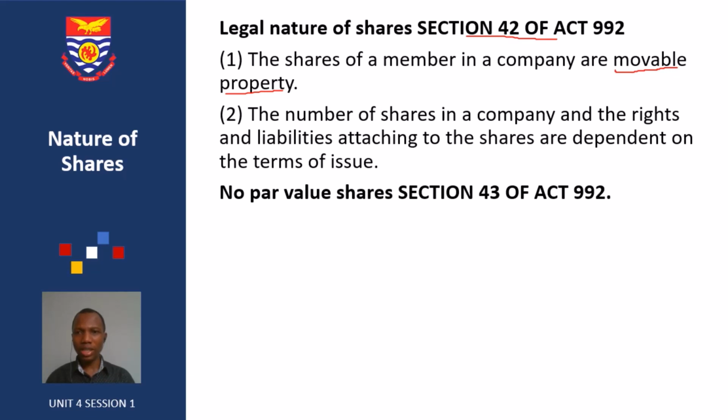Movable property, like these shares, is not like immovable property such as land, but is property that can be easily transferred. The number of shares in a company and the rights and liability attaching to the shares are dependent on the terms of issue.